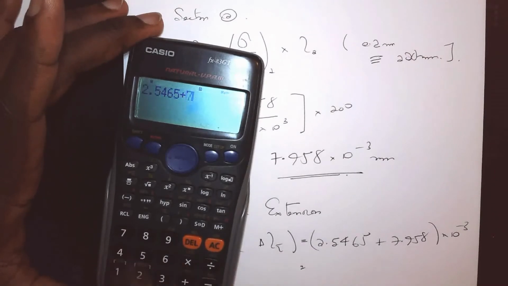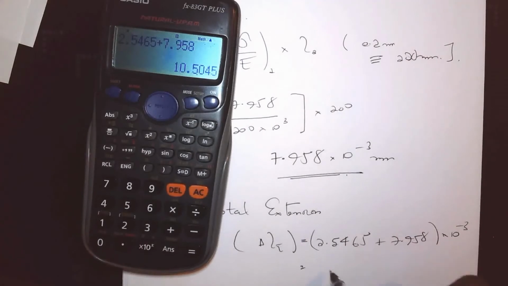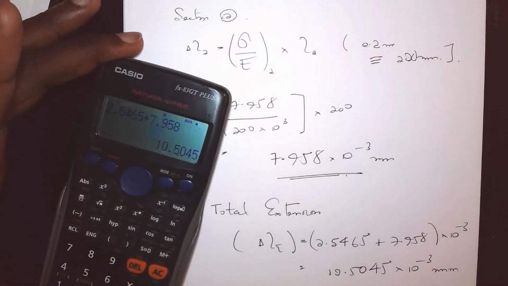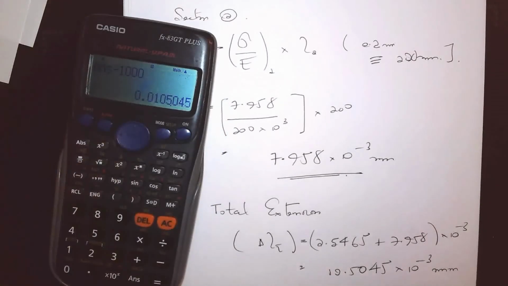This gives 10.5045 times 10 to the power minus 3 millimeters. Or we can just divide that by 1,000. Again, this is also approximately 0.011 millimeters.